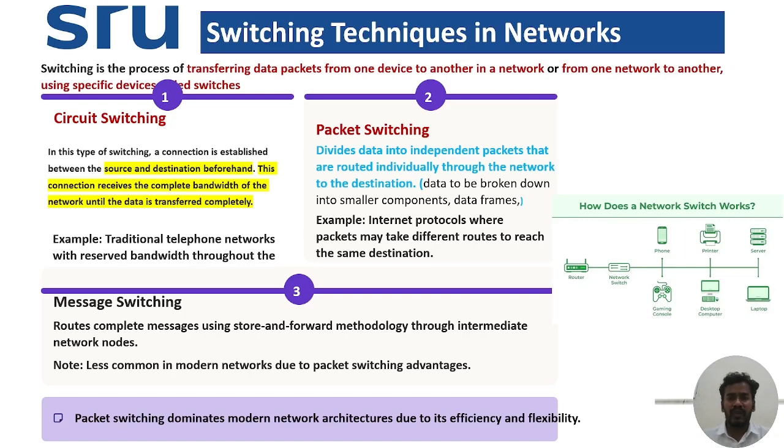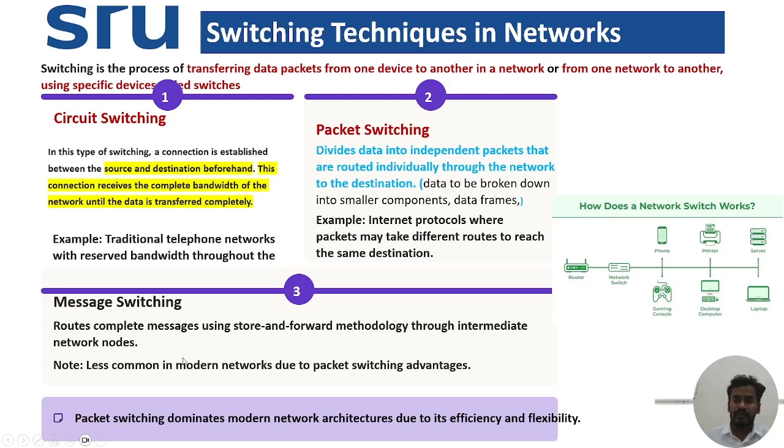Data is broken down into small components, data frames, while transferring. An example is internet protocols, where packets may take different routes to reach the same destination.